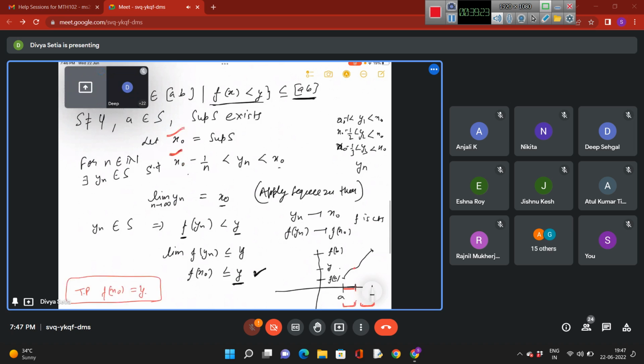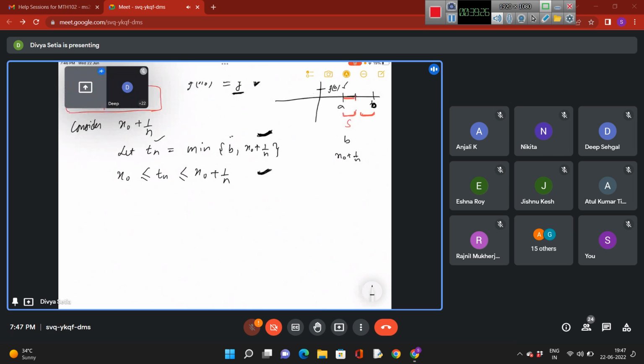So x naught, and the minimum is either b or x naught plus 1 by n. So it will be greater than x naught. Is this point clear, or do I need to explain it again? It's a crucial point.